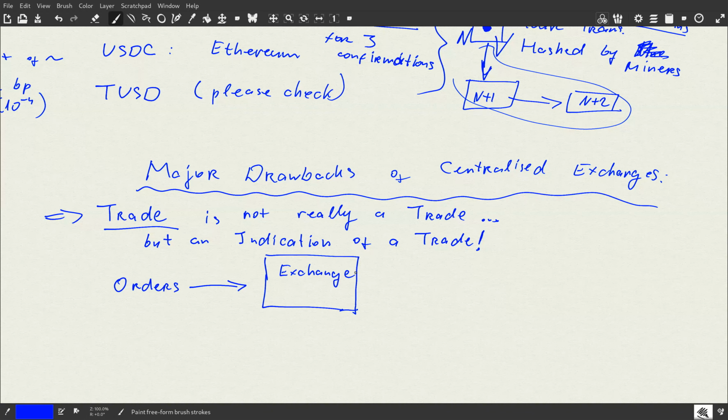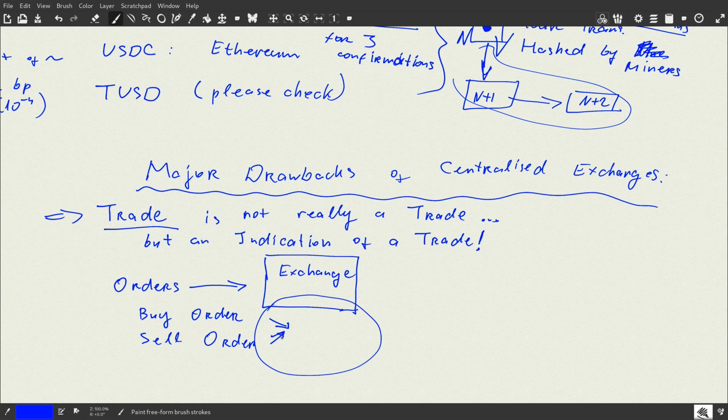So, for example, one of them sends a buy order, another one a sell order, and then when those orders come into the exchange, depending on the prices specified in those orders, they may or may not match.